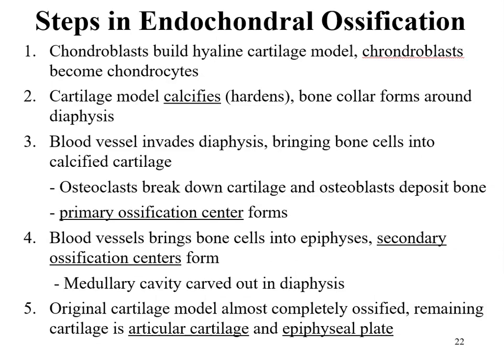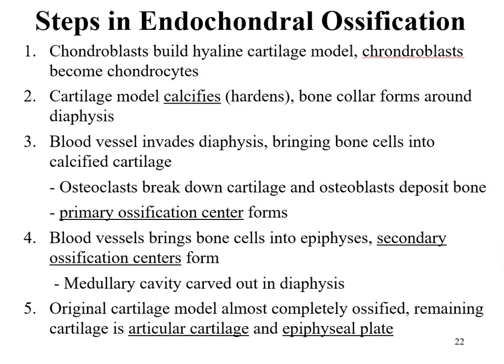Once that bone collar forms, a blood vessel from the outside penetrates that bone collar, invading the diaphysis. The bone cells use this entry point to enter the model and start laying down bone tissue.